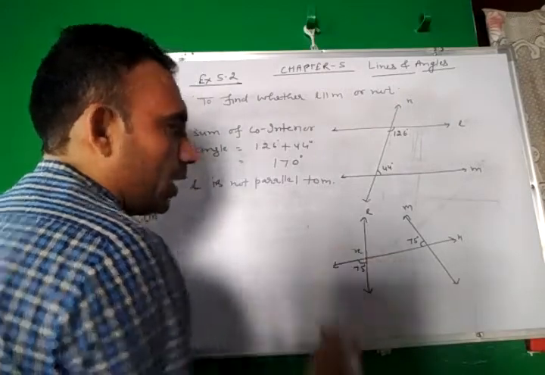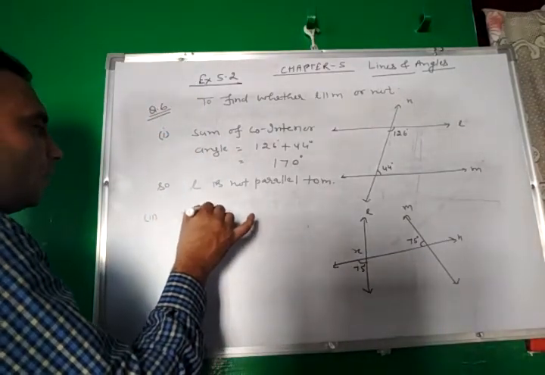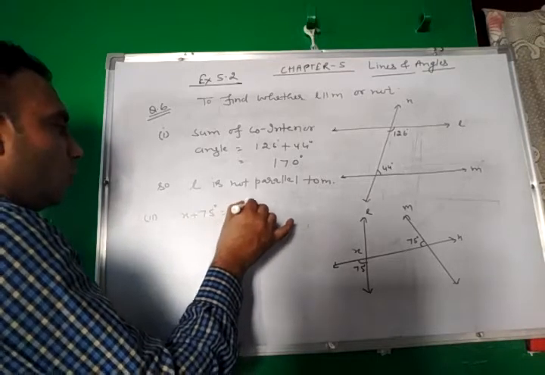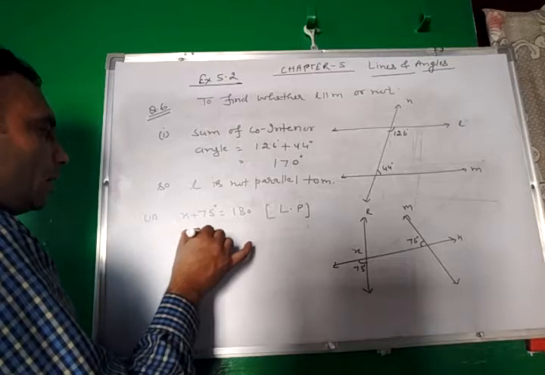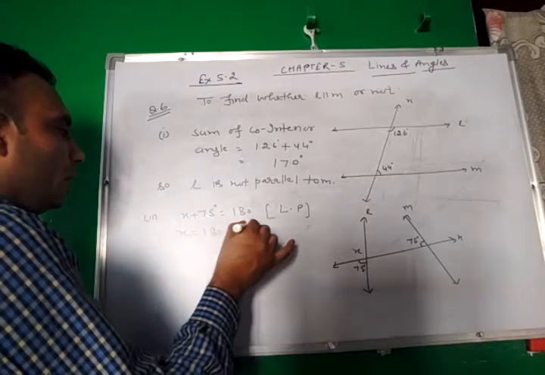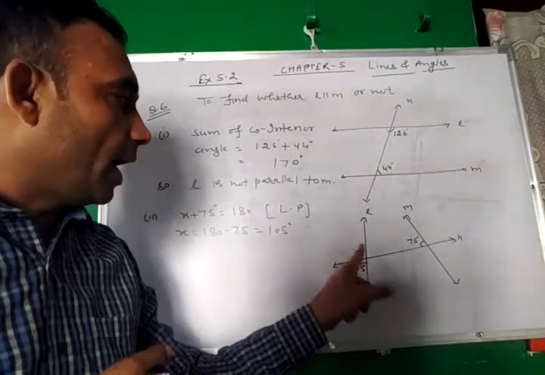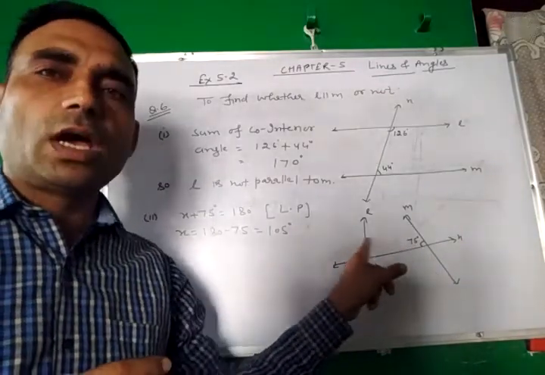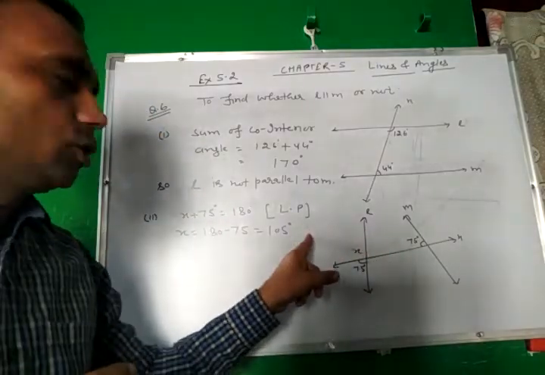Let us take this angle as x. Then x plus 75 is equal to 180 by the property of linear pair. Then x is equal to 180 minus 75, which implies 105. But x and 75 are corresponding angles. One is 75 and x is 105.